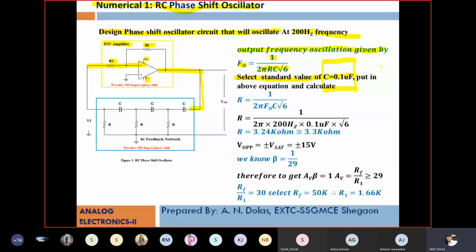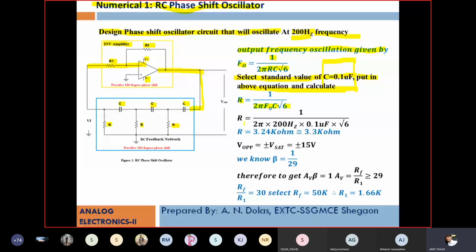Putting this value, 0.1 microfarad, in the above equation, and we know the frequency is 200 Hertz. The value of resistance R, all three R's, they are equal. As we have chosen the value of capacitor, all three capacitances are equal to 0.1 microfarad. You can get R is equal to 1 over 2 pi F0 C root 6.